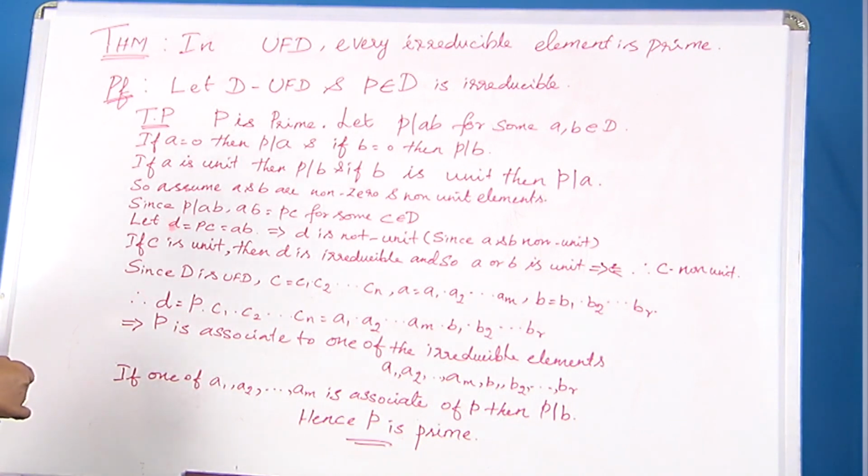Therefore, let us come here, D is equal to PC, which is equal to AB. I am substituting all these irreducible factors in this equation. Therefore, D is equal to P into C1, C2, so on up to Cn, and instead of AB, I am substituting these values, A1, A2, so on up to Am, and B1, B2, so on up to Br.